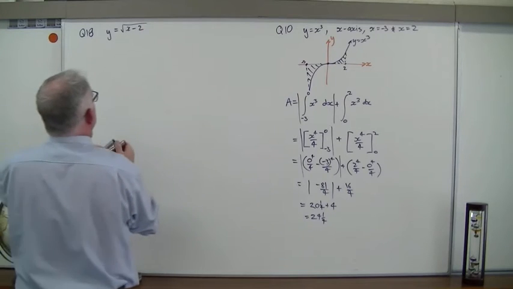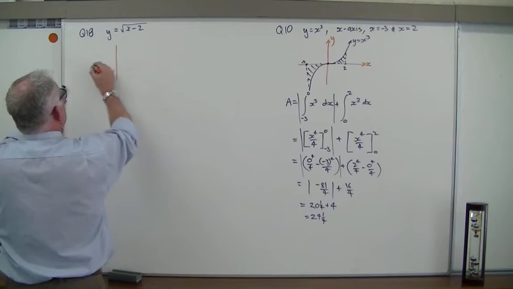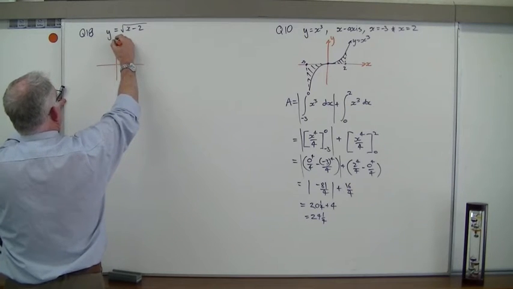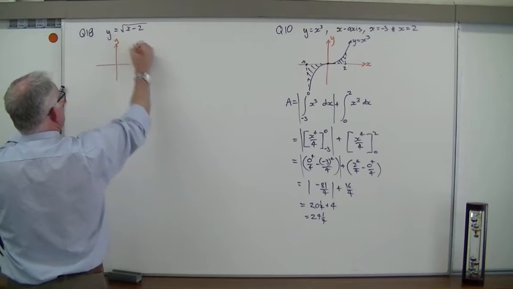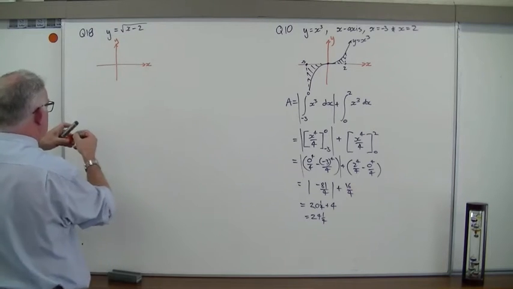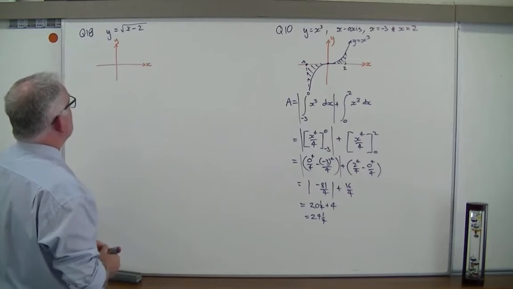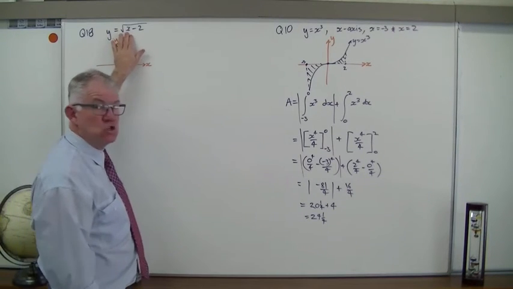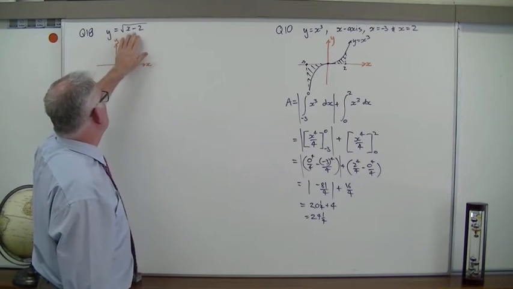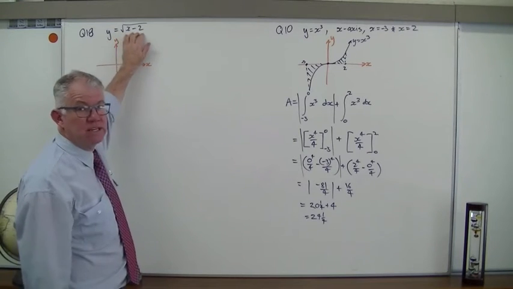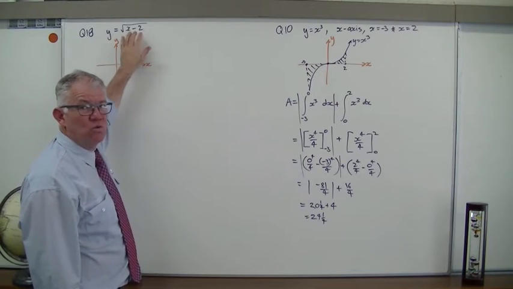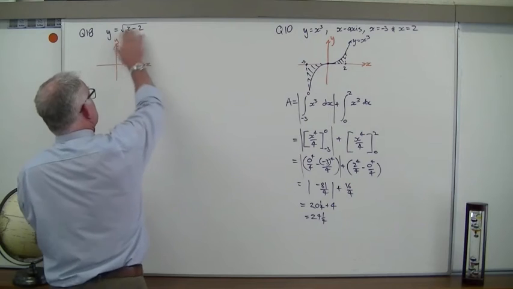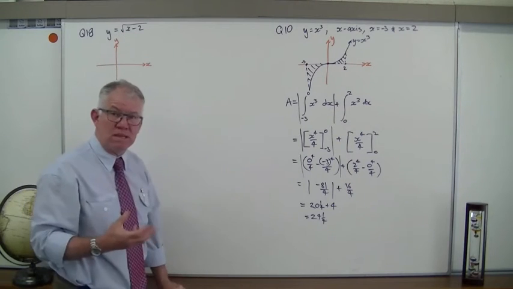Okay, so this is a function that's a little bit unfamiliar. Let's break it down into some bits that we actually do know. This is the y-axis and there's the x-axis. Unless you're an Extension 2 mathematics student, you don't know anything about complex numbers, so we know that the value inside a square root sign cannot be less than 0.